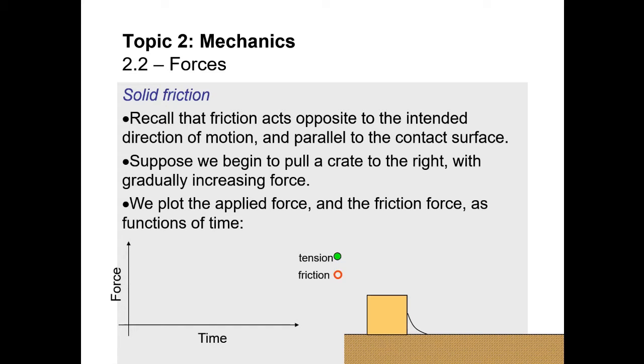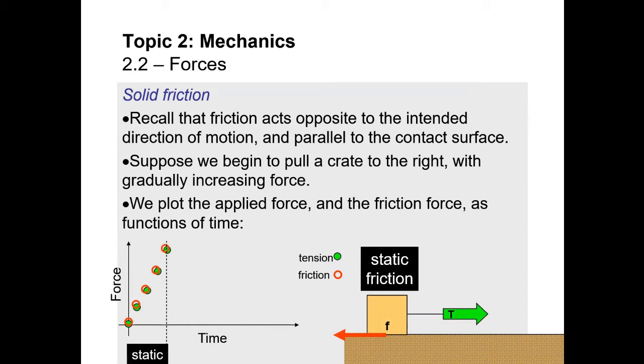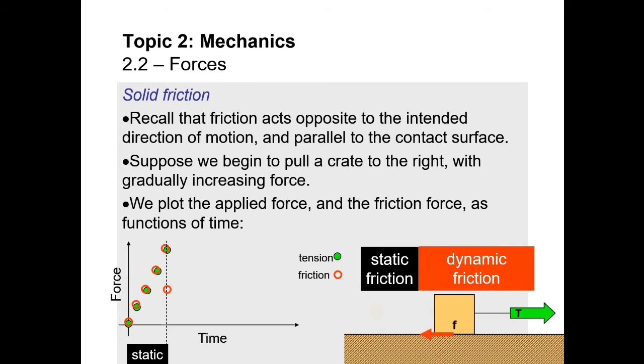Green is tension and red is friction. When the object is not moving, static friction is applied. That is static friction. When the object starts moving, we have dynamic friction.